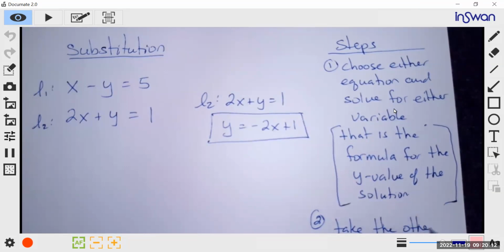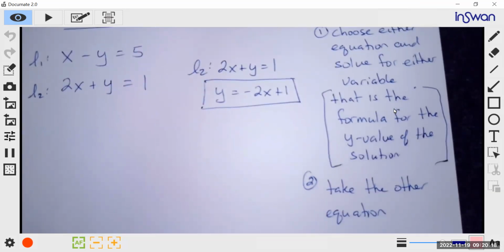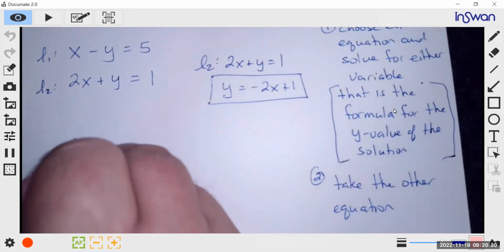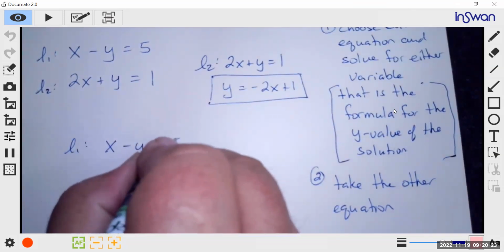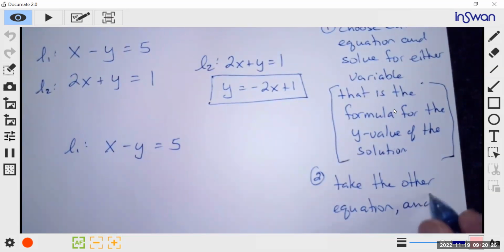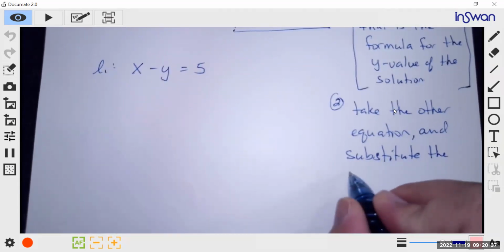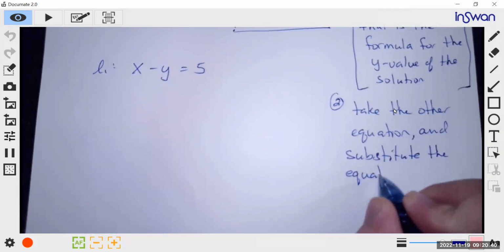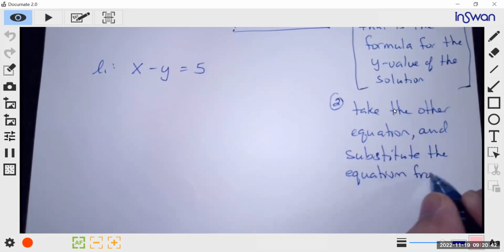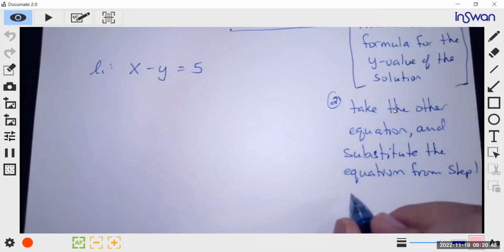Take the other equation, the one you didn't use. So in this case, it's line 1. And substitute the equation from step 1 into the variable.